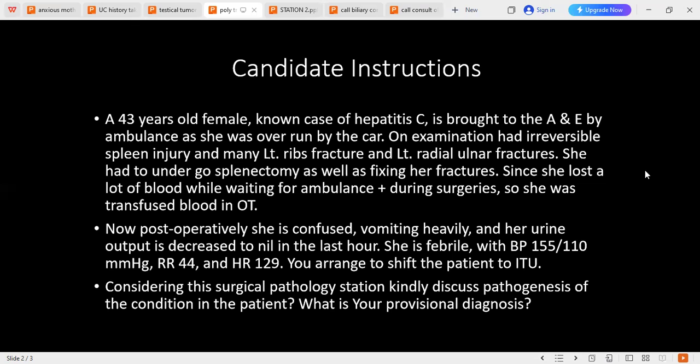Which cross-matching test can be done? We have to do ABO and Rh group cross-matching for this patient before transfusion. Otherwise, what are the different hypersensitivity reactions that can occur? There are 5 types of hypersensitivity reactions.